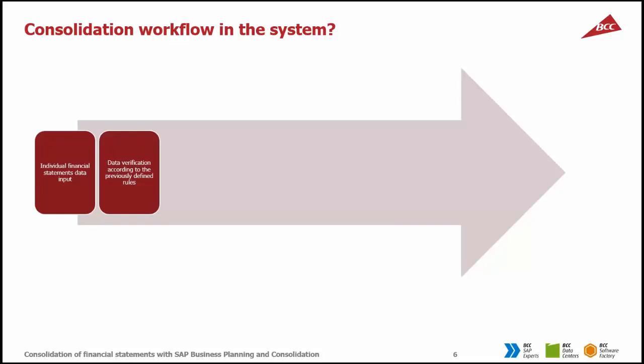Secondly, we have to provide data verification. For each company, there may be defined different rules regarding data consistency. For example, that assets should be equal to liabilities, that net profit listed in the P&L should be equal to the one listed in the liabilities in the balance sheet.